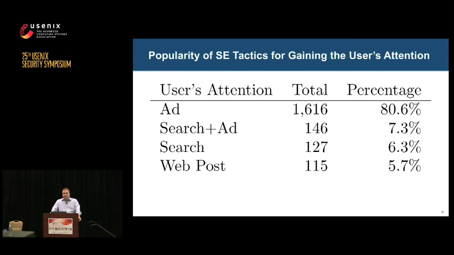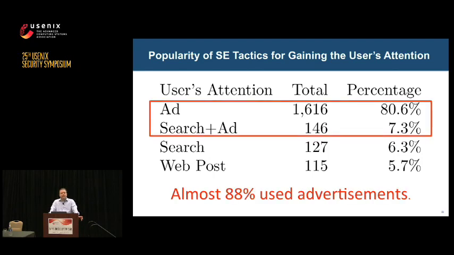All right, so if we move on then to the popularity of the social engineering tactics for gaining the user's attention, we can see that ads dominate. Ads alone were responsible for almost 81% of the social engineering downloads we observed, and then search plus ad adds another 7.3%.